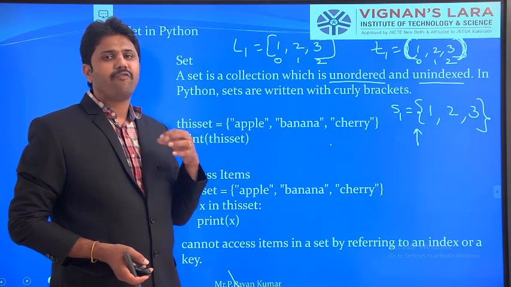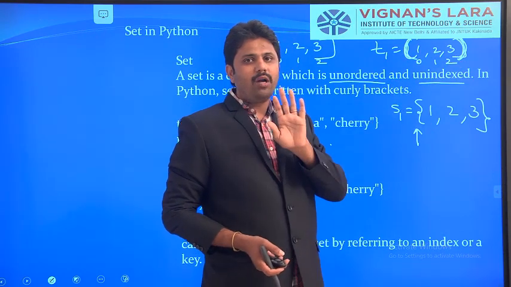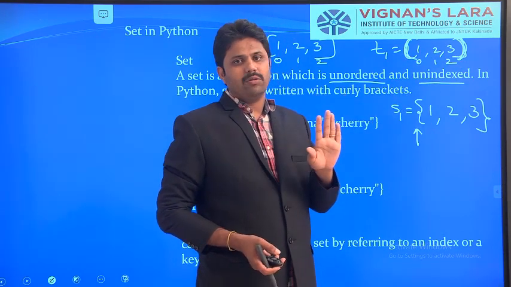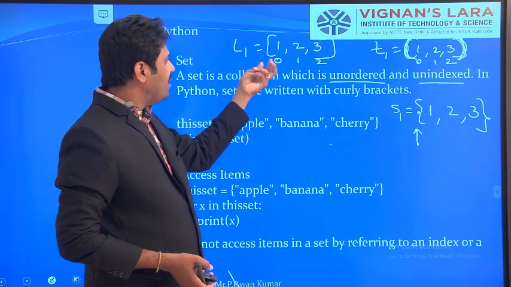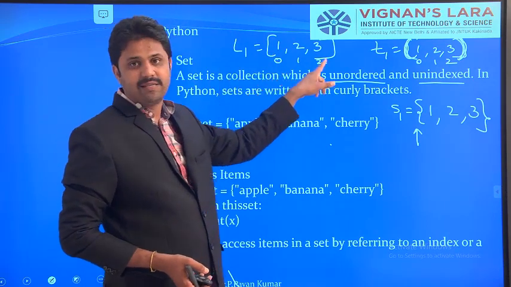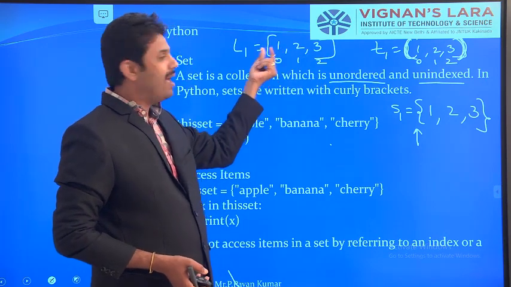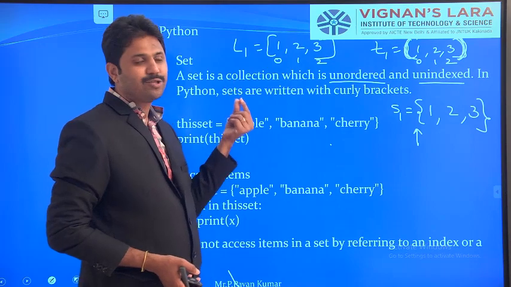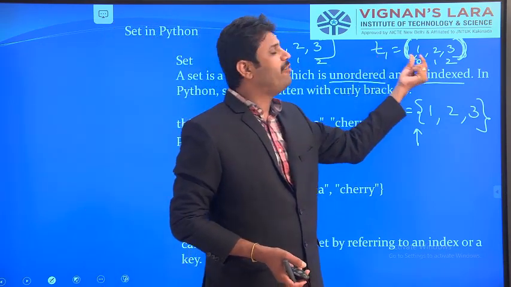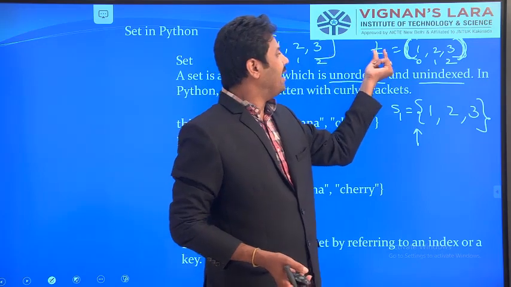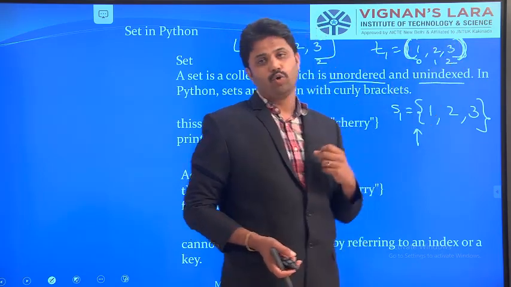Here in a tuple, once you have created it, you can't perform any add-ons. The values you can access by indexing: L1 of 0 returns 1, L1 of 1 returns 2. In tuples also you can access with the help of indexing: T1 of 0 is 1, T1 of 1 is 2, like this.